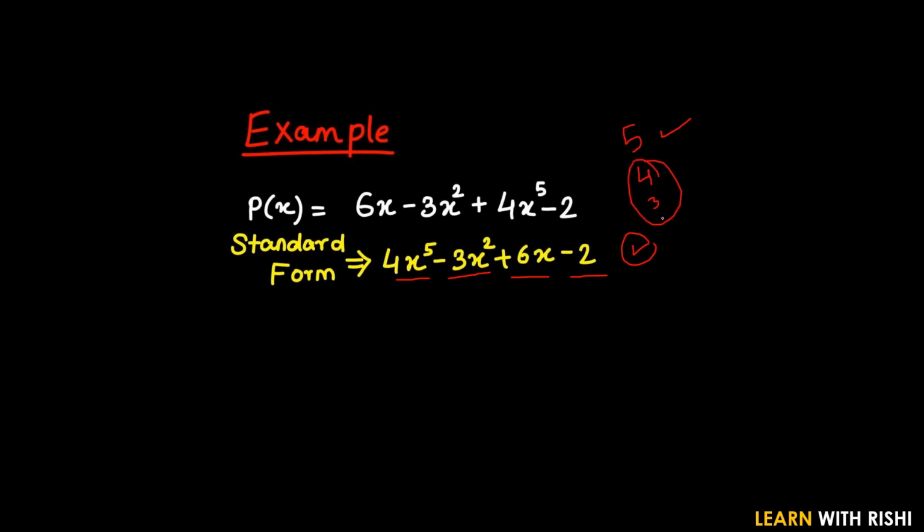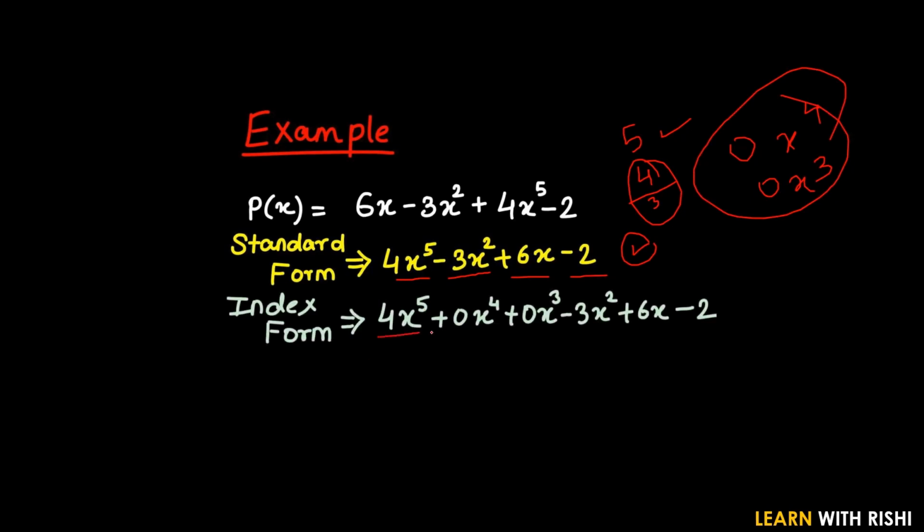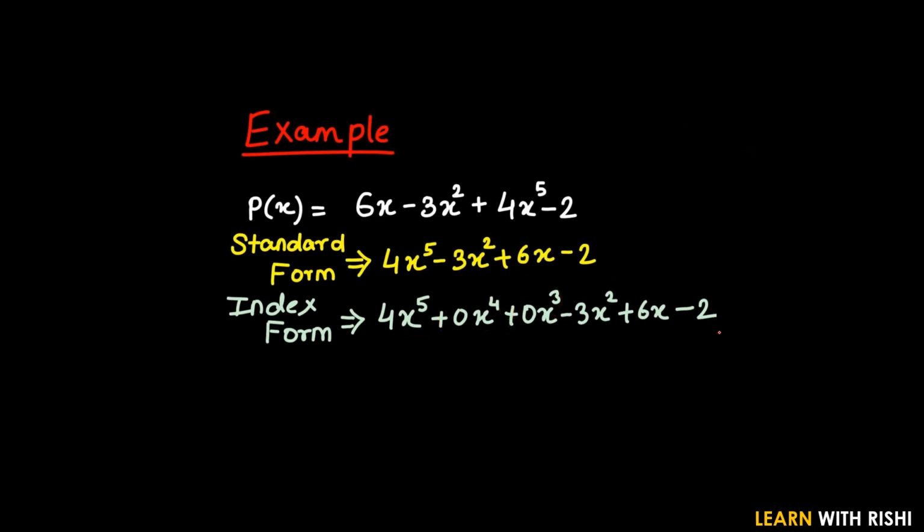So here 2 powers are missing, that is 4th and 3rd. So here we will mention 0 x raised to 4 and 0 x raised to 3. So these two terms you have to mention. So my index form will be 4x raised to 5 plus 0x raised to 4 plus 0x raised to 3, and rest things same.